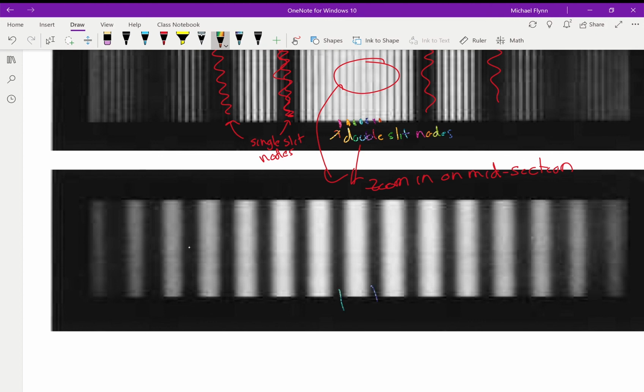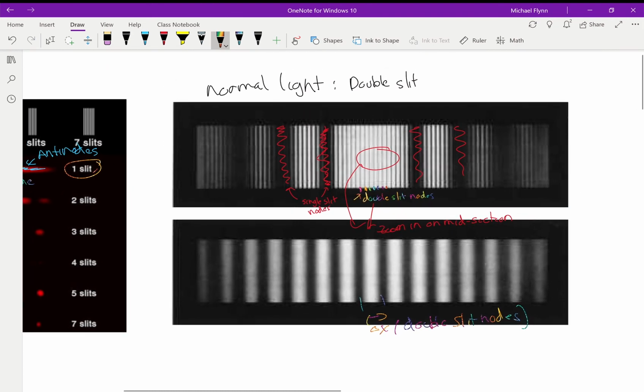Here we see that is delta X, your double slit nodes. So you can see that both patterns exist together on the same picture. And that makes sense because if you shine a laser through two slits, you're going to get a single slit pattern because they behave individually like single slits. They'll be right on top of each other.